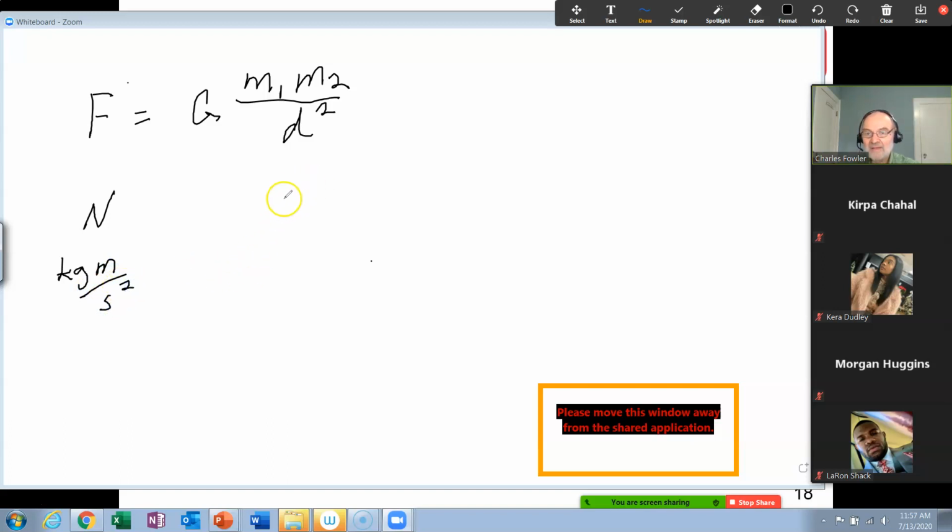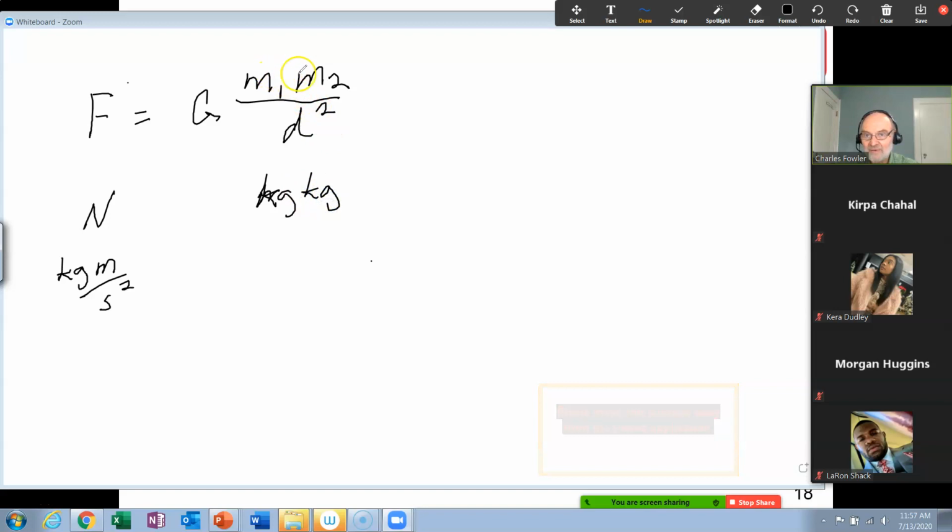Now over here we have a meter, a kilogram here, a kilogram there, and then another kilogram. Kilogram times kilogram divided by meter squared.